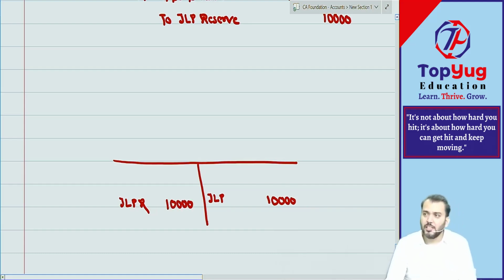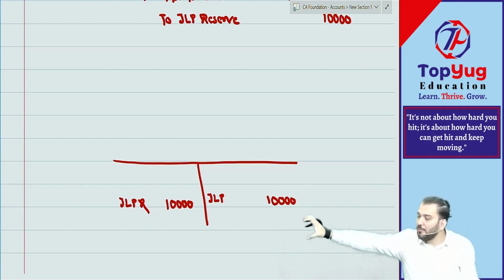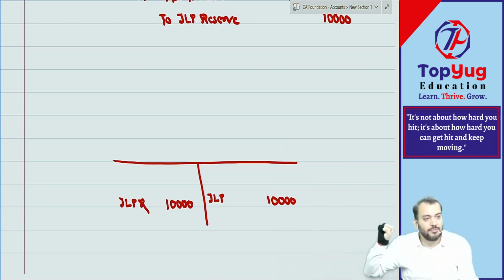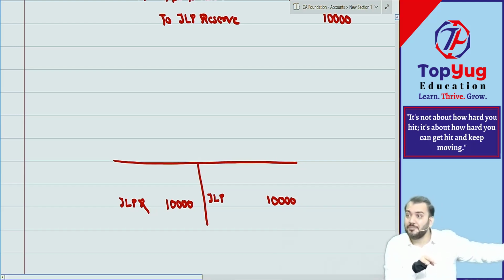So JLP will come at 10,000, and JLP reserve is 10,000. From the partnership fund point of view, how much amount is receivable from the insurance company? And that belongs to whom? Partners. That does not belong to the partnership firm. So can I say it should be denoted by JLP reserve?